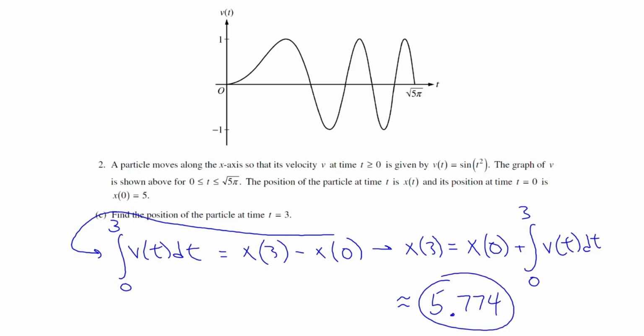And they gave us 3 points there for that. 1 point for having the correct integral here, 1 point for using the initial condition, and 1 point for the final answer.